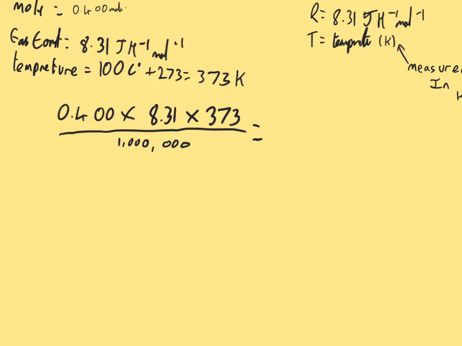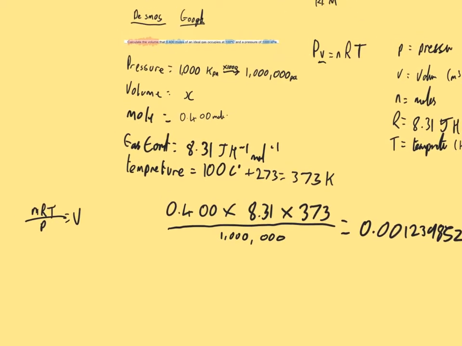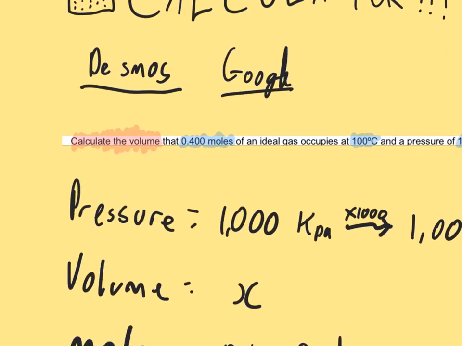Right, I am back, and in this case, the answer was 0.01239852. Okay, clearly we can't leave that as the answer. So where do we go? We need to figure out how many significant figures or decimal places. If we note in here, this goes up to 3 significant figures.